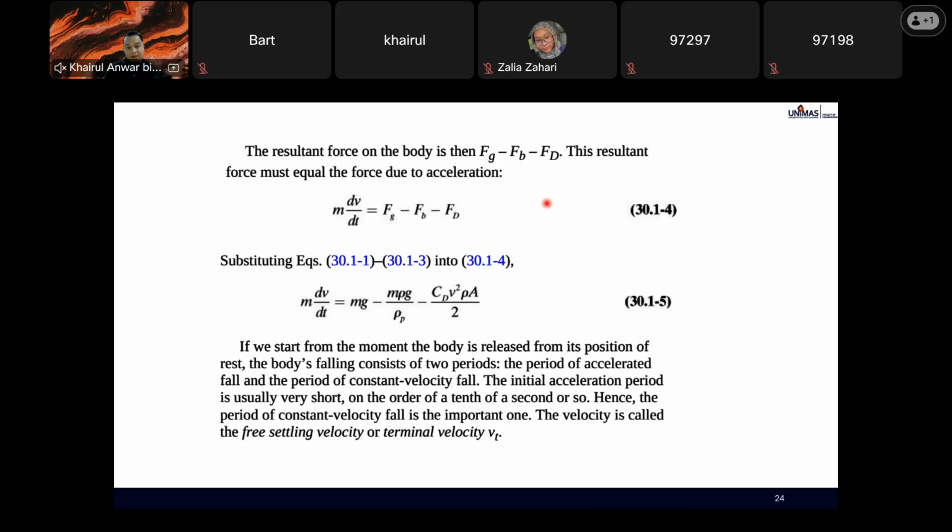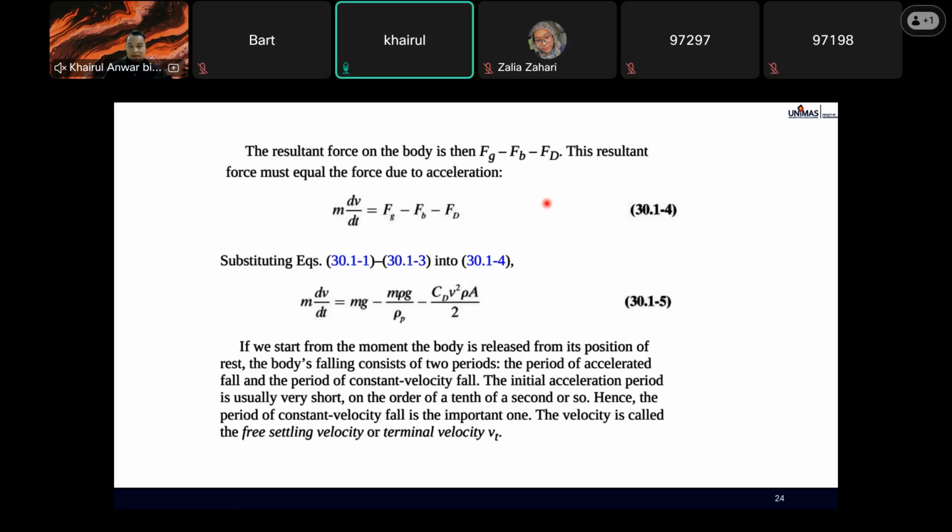The numbers refer to the equations from previously, the three forces acting on the particle moving in the fluid.